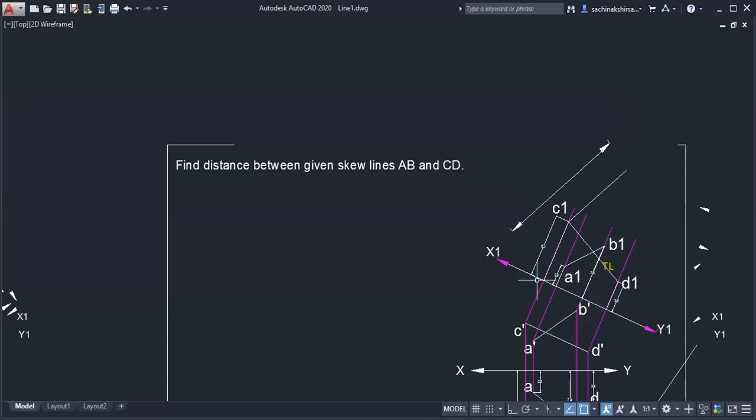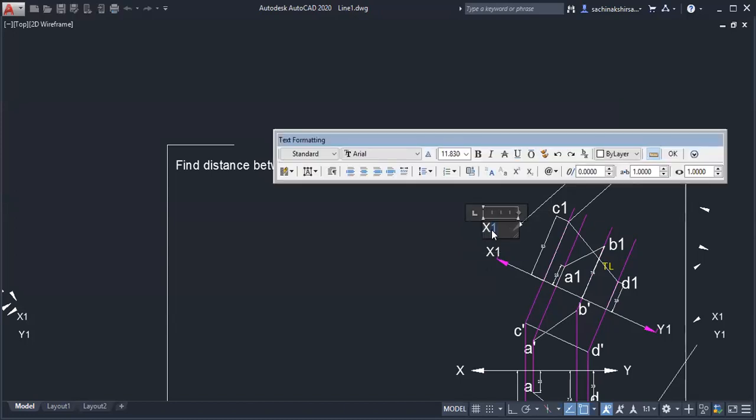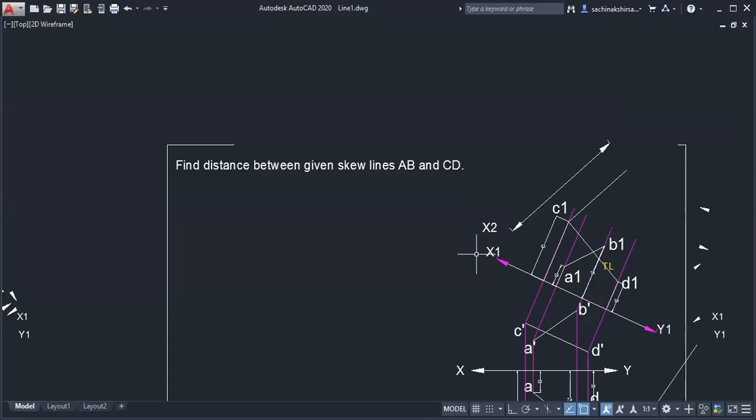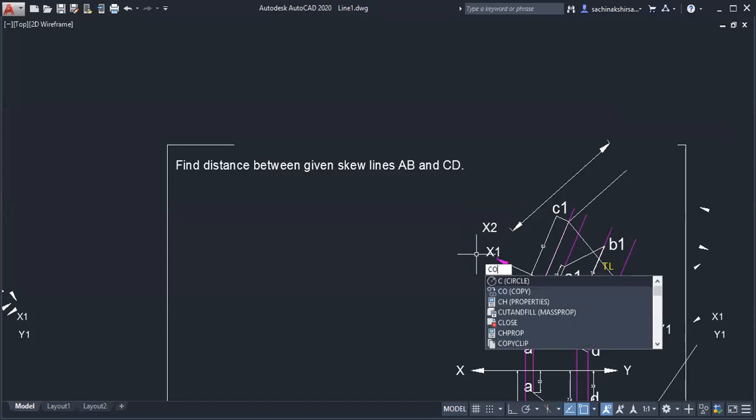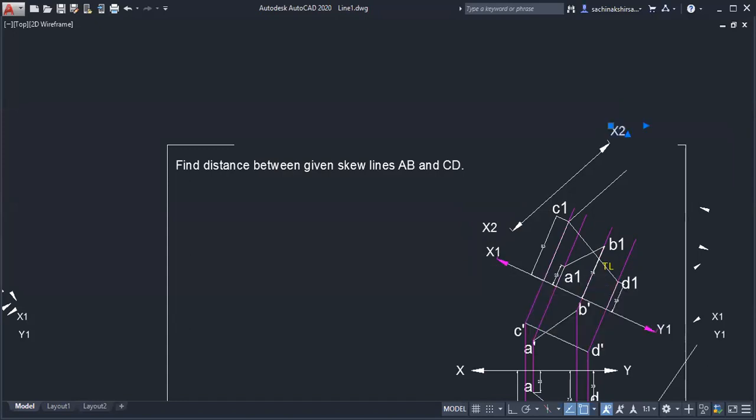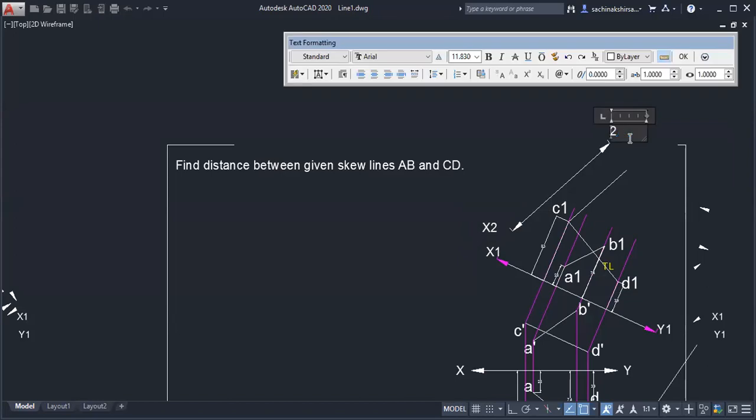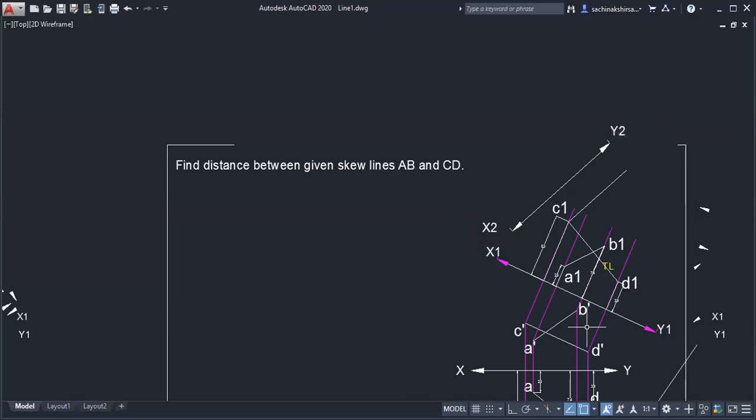Which will be this line? I will give the name X2 Y2 here. Here there will be Y2.